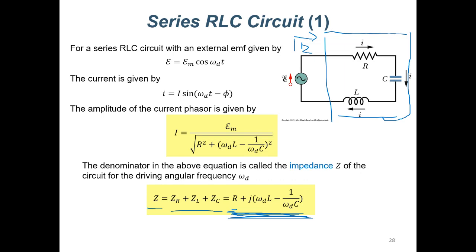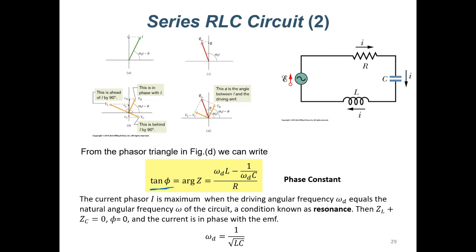This is squared, and the smallest possible value for a square is 0, so if this term is 0, we will have a maximum I.